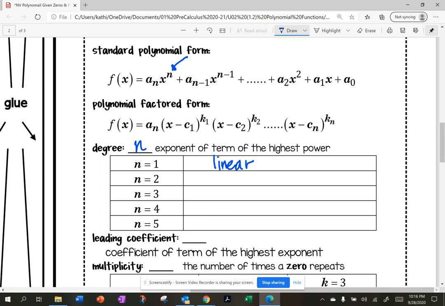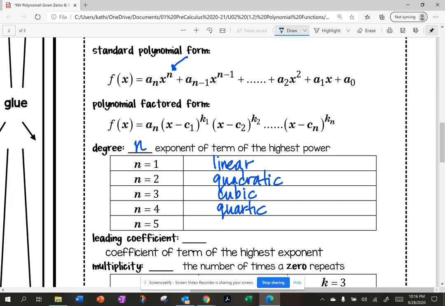If the degree is 2, I have a quadratic equation. If the degree is 3, I have a cubic equation. If the degree is 4, I have a quartic equation.